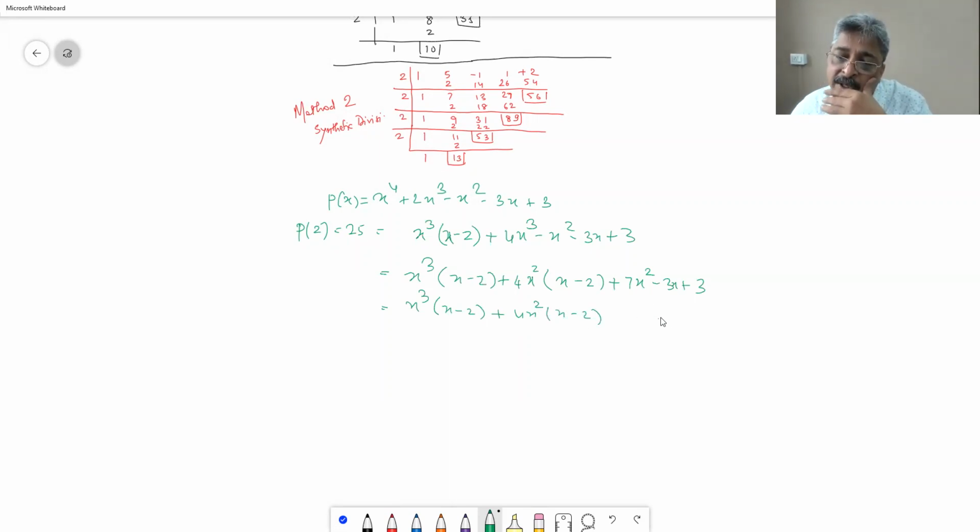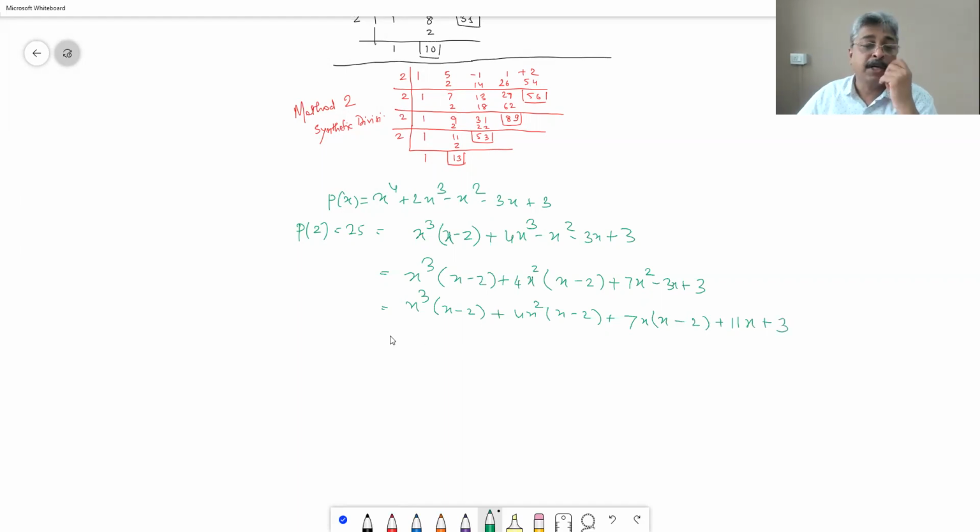Now again I want x minus 2 common, plus 7x. So I am getting minus 14x, but I want minus 3x, therefore 11 is a difference, therefore plus 11x plus 3.